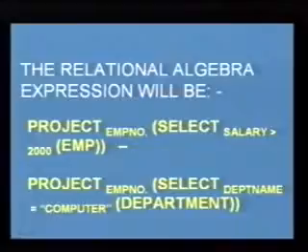For this, the relational algebra expression will be project employee number, bracket, select salary greater than 2000, followed by the parentheses containing the name of the relation, that is EMP. The other expression is project EMPNO, bracket, select department name is equal to computer, performed on department.